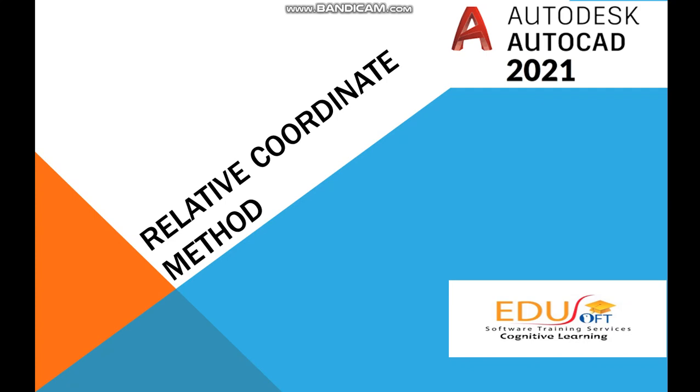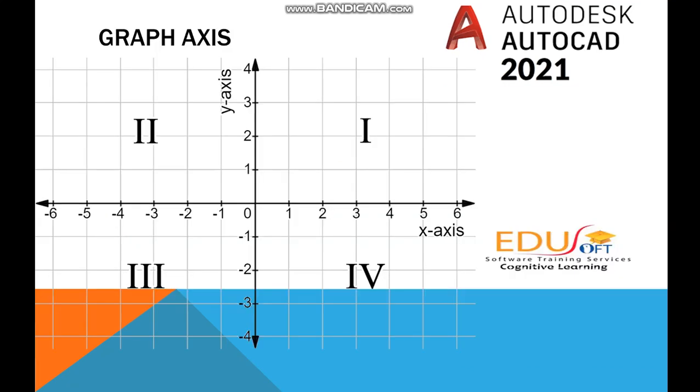Let us see this figure. This is our graph. If we are moving in this direction, x and y will be positive, and if you are moving in this direction, x and y will be negative, because this is the negative x-axis and this is the negative y-axis.